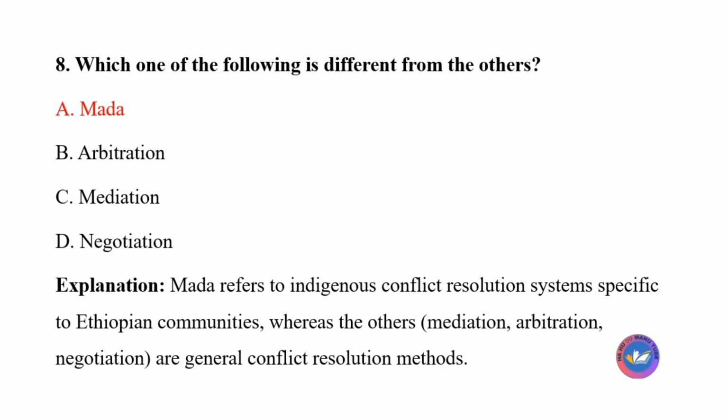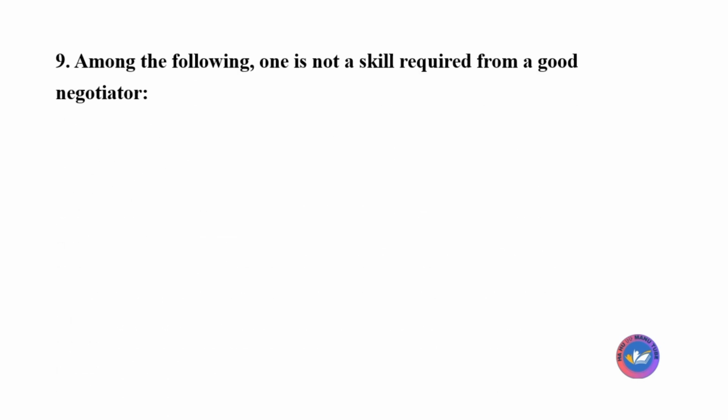Question number 9. Among the following, one is not a skill required from a good negotiator. A. It requires the ability to compromise with others. B. It needs the ability to collaborate with others. C. Emphasizes the habit of aggression and selfishness.